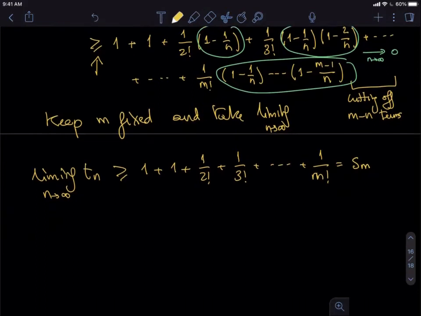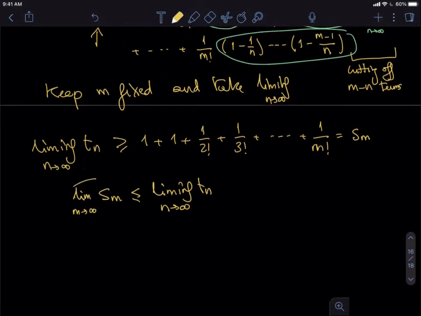So Sm is less or equal than the lim inf of Tn as n tends to infinity. Let me take the lim inf as m tends to infinity. At this point I could also take just the limit itself, because we saw that the series converges, and that is equal to E. So we have proved that E is less or equal than the lim inf of Tn.